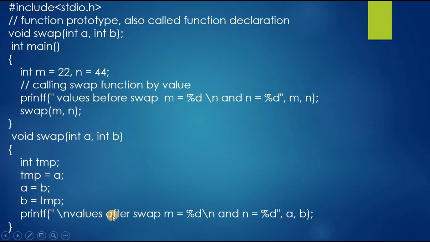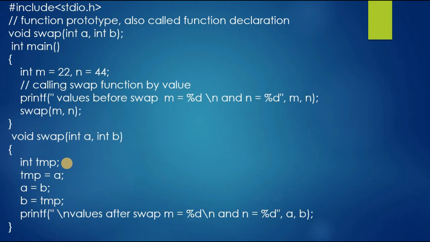Here, after swapping, the values of m and n will be printed. Our actual parameters are m and n, and formal parameters are a and b. So the value of the actual parameter will be assigned to the formal parameters.